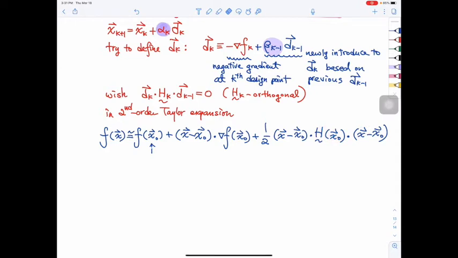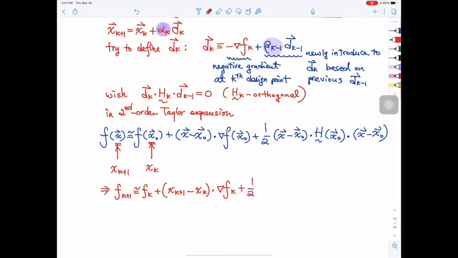If I call this xk plus 1 and I call this xk, then my equation becomes fk plus 1, a simpler way to write: fk plus xk plus 1 minus xk dot product gradient fk plus 1 half xk plus 1 minus xk dot product Hk.